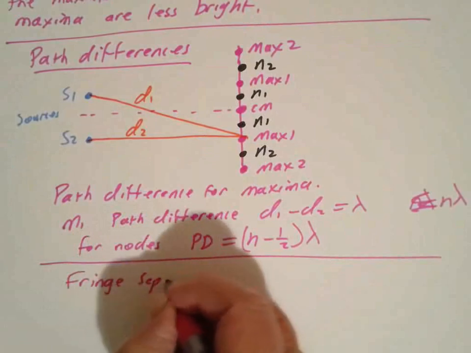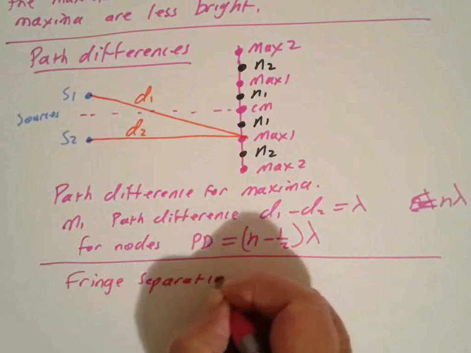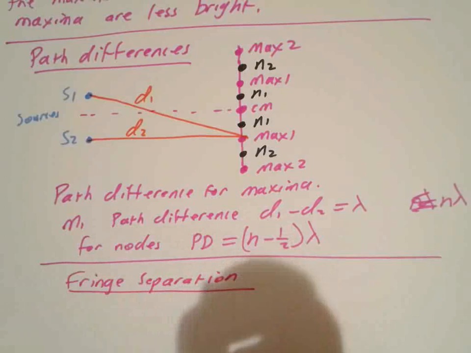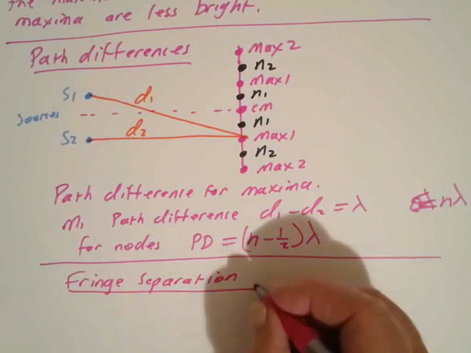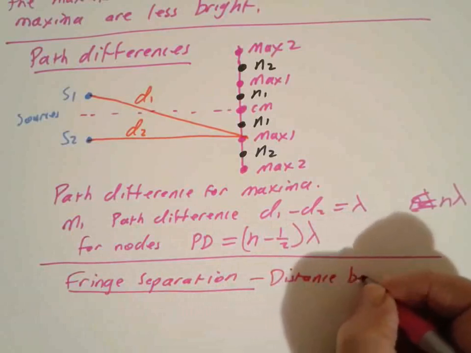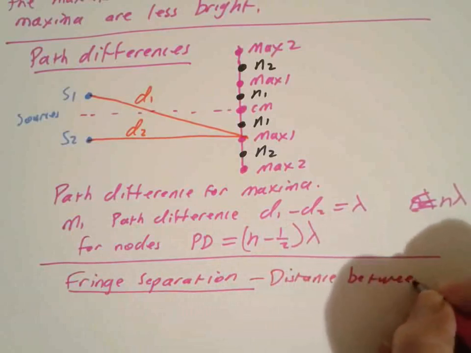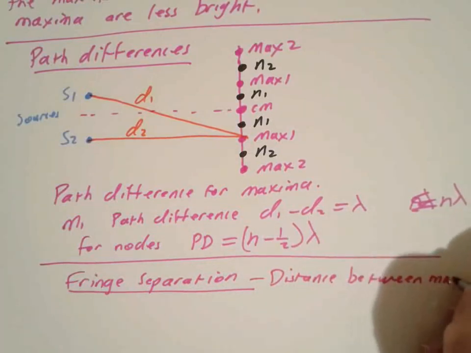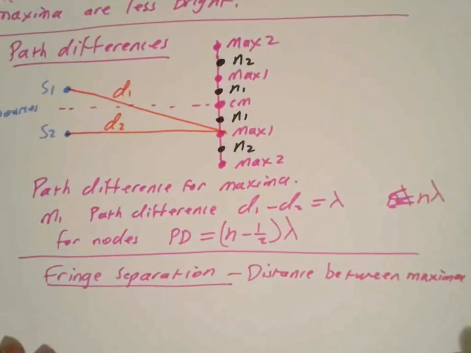Fringe separation. That is, how far apart the maxima are. So, distance between maxima. That's what fringe separation means.